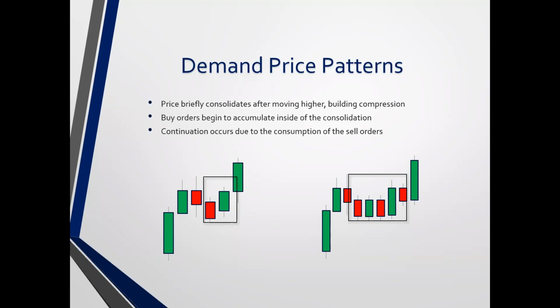So inside of that rectangle, when we begin to go sideways and we can't go any lower, in other words, we can't go down, we're going sideways. That's because the buyers are there and they're saying, no, this is the floor. You're hitting a brick wall, if you will, and we're not going to allow it, okay? So that's great. We know they're accumulating. We know in order to accumulate buyers, sellers have to be getting executed as well.